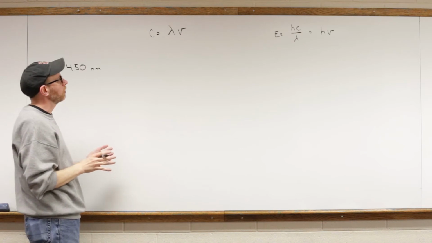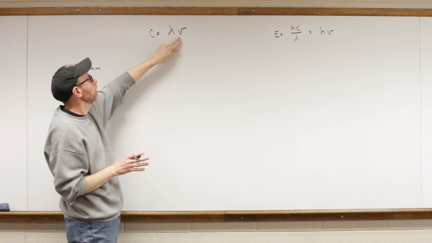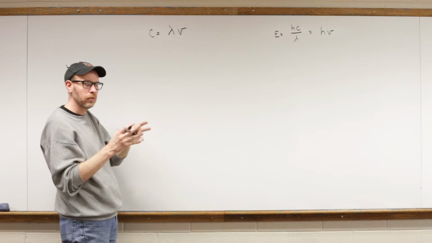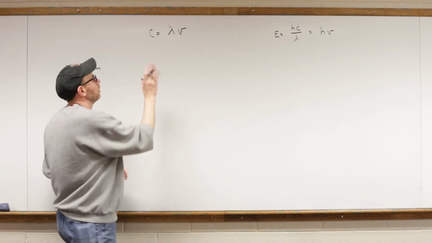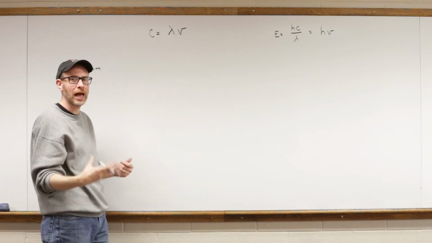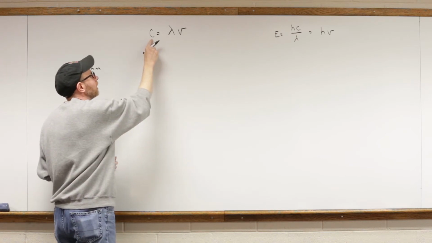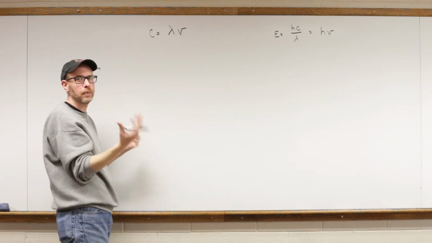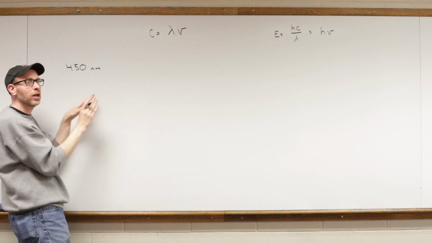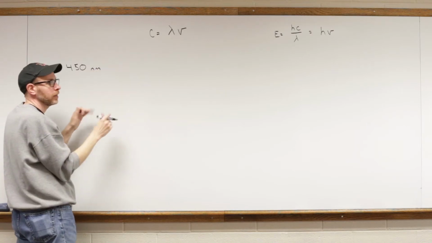And what we're going to find is that when we do this transformation between wavelength and frequency, we know that those two values, wavelength and frequency of a photon, when we multiply them together, it equals the speed at which that particular wave is moving. In the case of light, that is the speed of light. Speed of light is in meters per second. It is not in nanometers per second. So we are going to have to convert this to meters first before it can go in that equation.